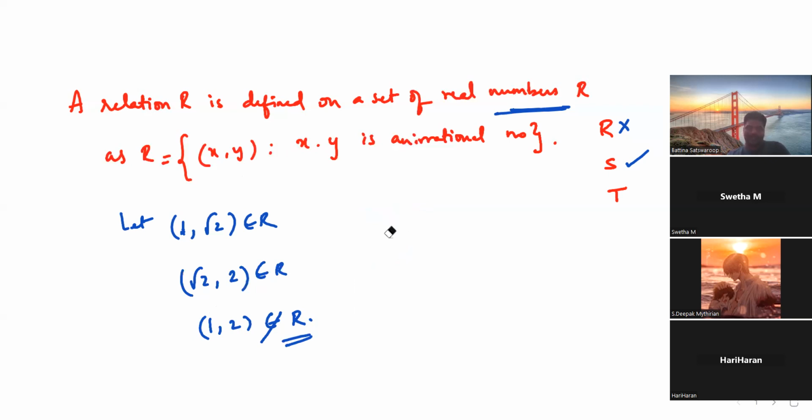Let (1, root 2) belong to R, (root 2, 2) belongs to R, but (1, 2) does not belong to R. Therefore, R is not transitive. Okay, so it is only symmetric. Okay?